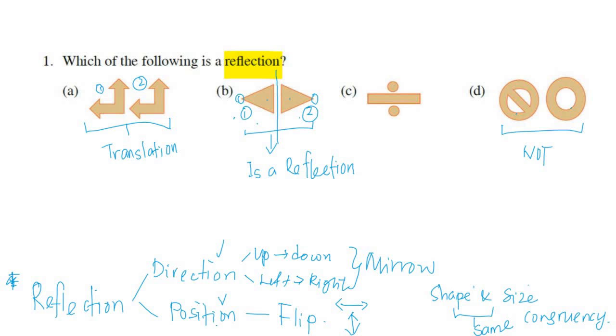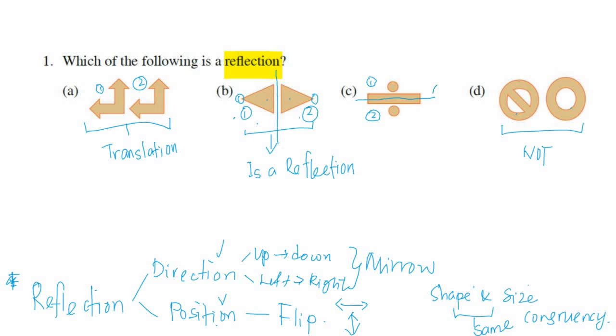How about C? For C, we can also say there is a reflection because if we divide this shape equally, it becomes a first part and a second part. The first part and the second part are actually the same.